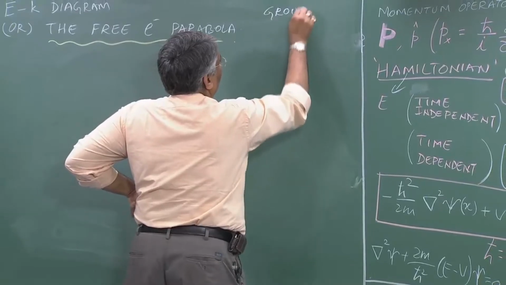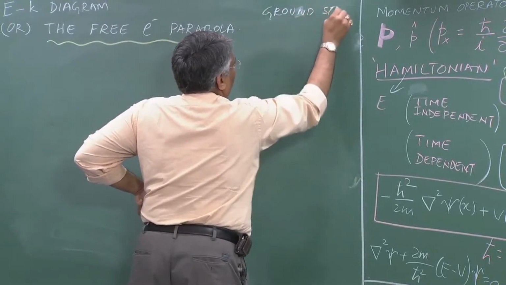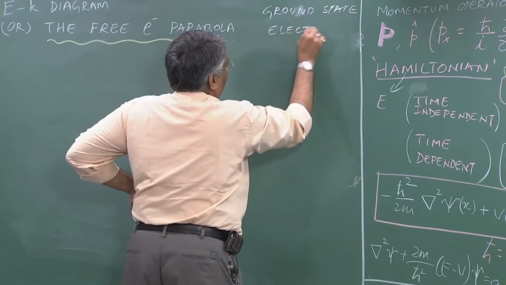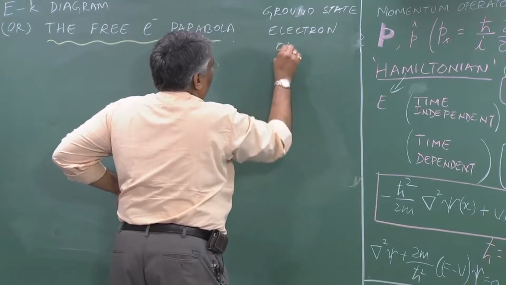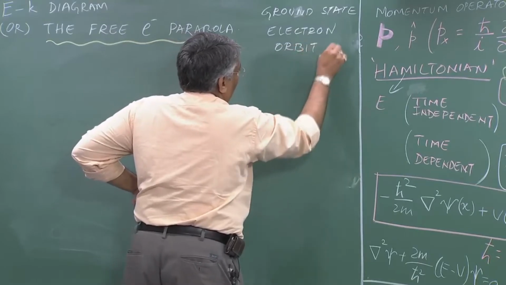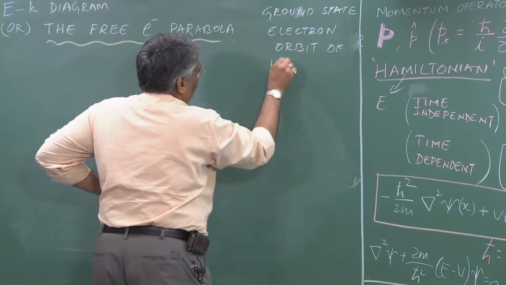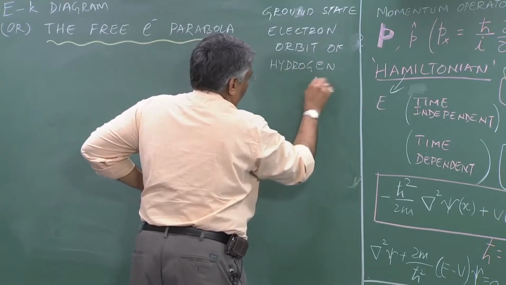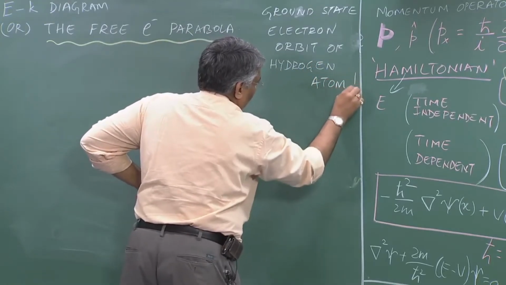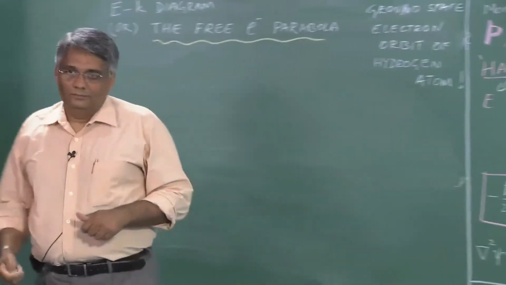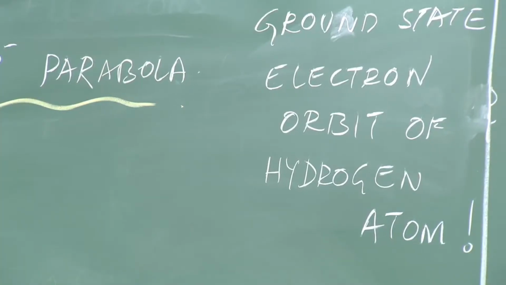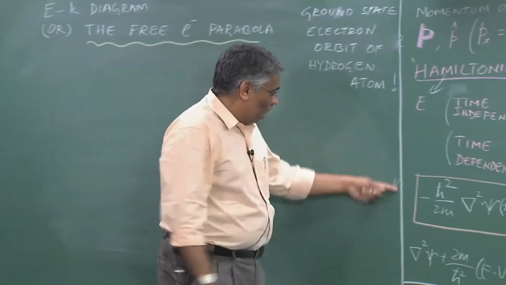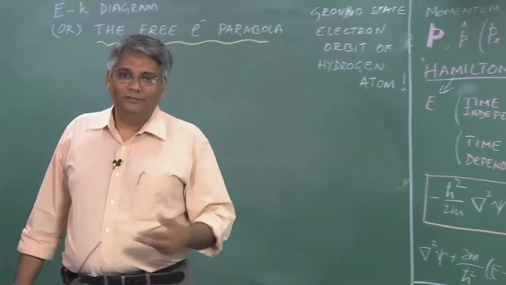ground state electron orbit of the hydrogen atom, well, immediately we give a value.